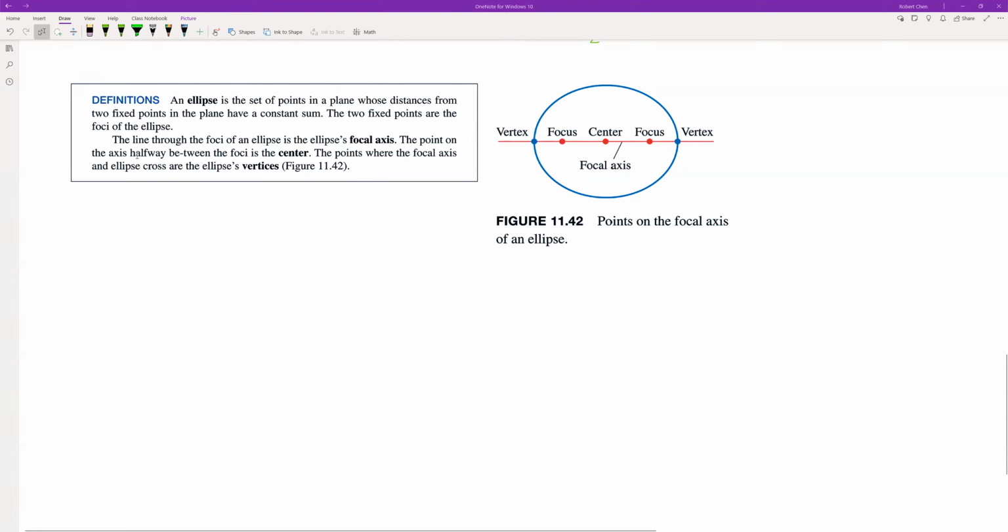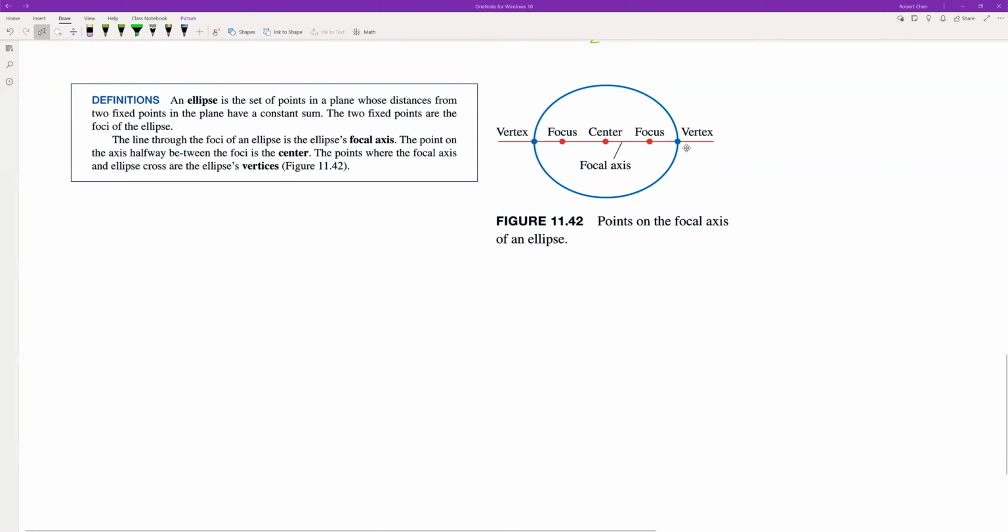The point halfway between the foci is the center, right? It's just like a circle, we have the center point. The points where the focal axis and ellipse cross are the ellipse's vertices, right? So we have the vertices on the two ends of the focal axis intersecting the actual graph, right? So these two are the vertices.